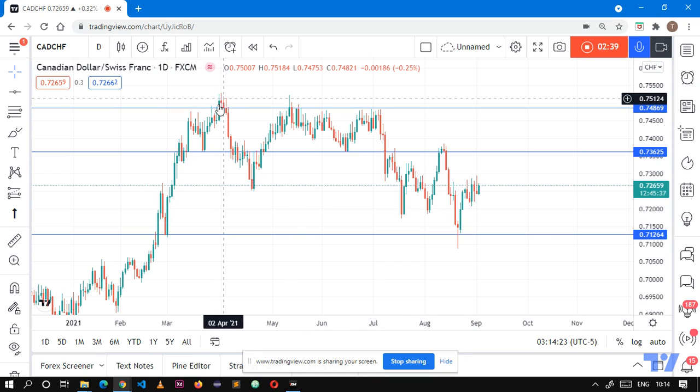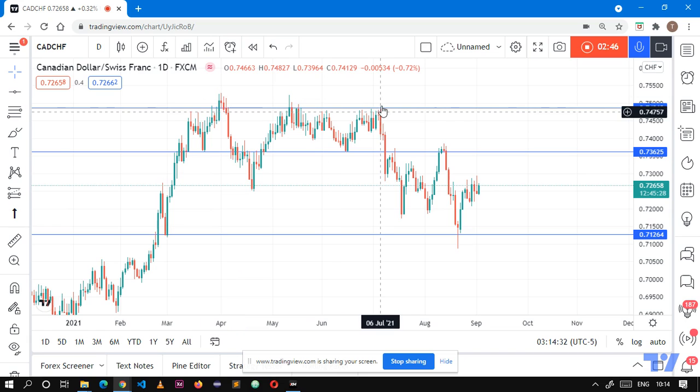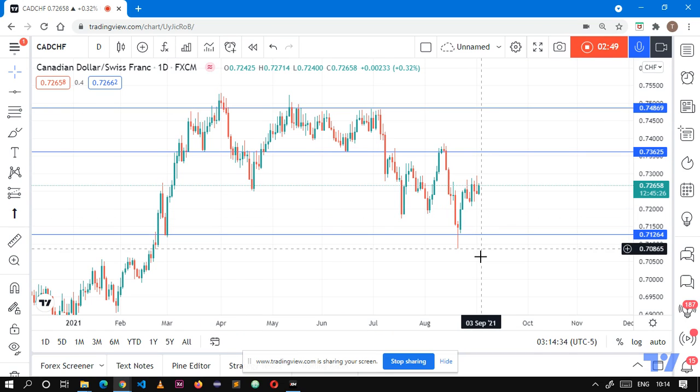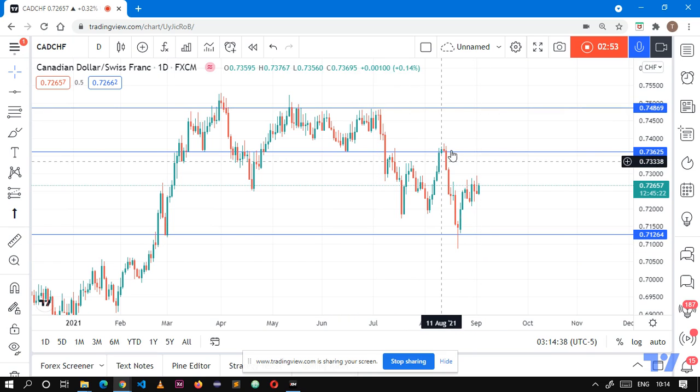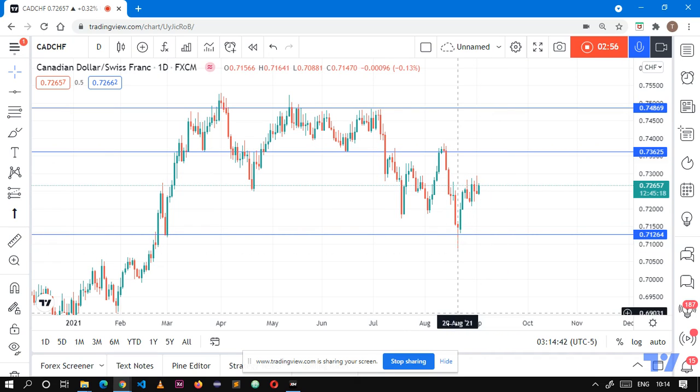So that's why I didn't use this pivot point as my rejection, but it also fits the criteria. It rejected around this area, rejected here, and then rejected here. So some people would say it's close enough on this area. So we have another level here and then that one here.